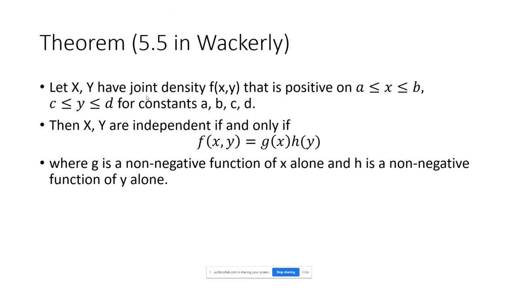Then x and y are independent if and only if their joint density function can be written as a product of a non-negative function of x, call it g of x, times a non-negative function of y, h of y. So I'll give you a minute to get that written down, and then we'll look at some consequences of that.